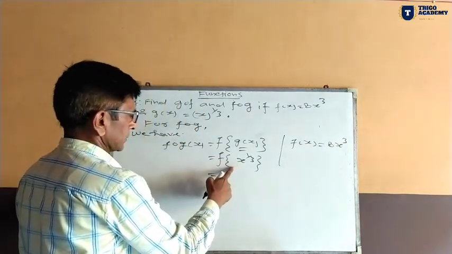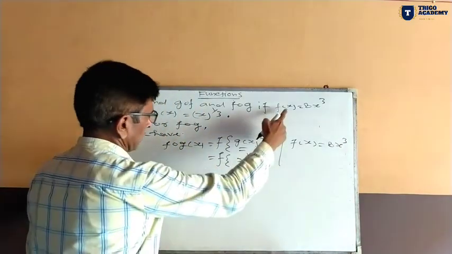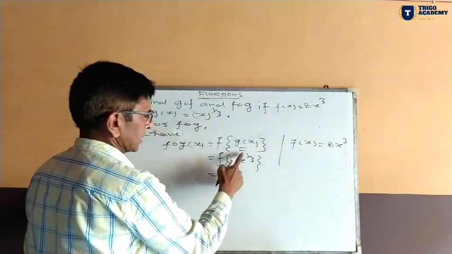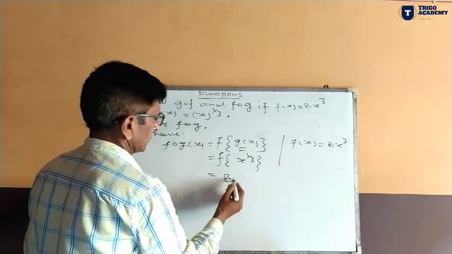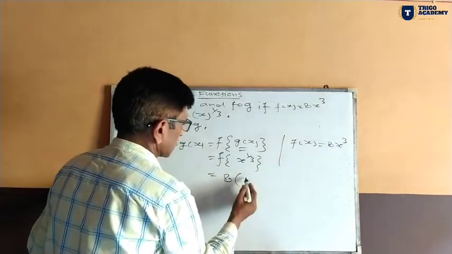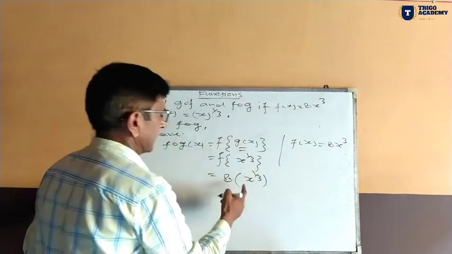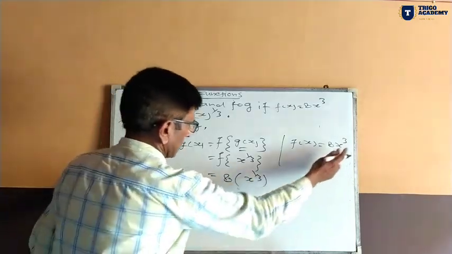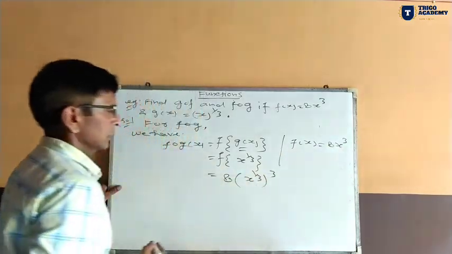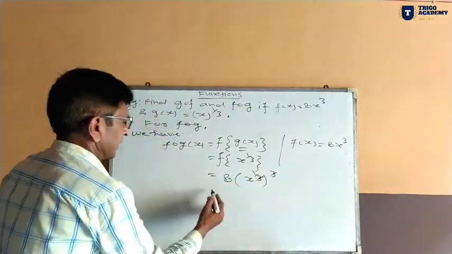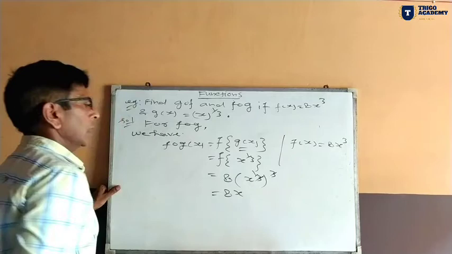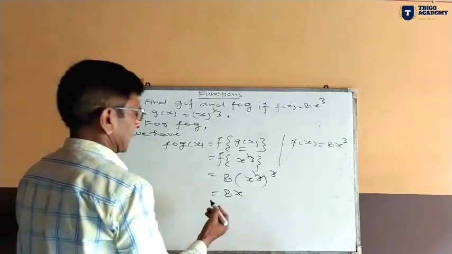Now for this function, here in place of x we put x raised to 1 by 3. So it will be equal to 8, in place of this x we will take x raised to 1 by 3, and after that whole cube. This power and this power are cancelled and the value will be 8x.